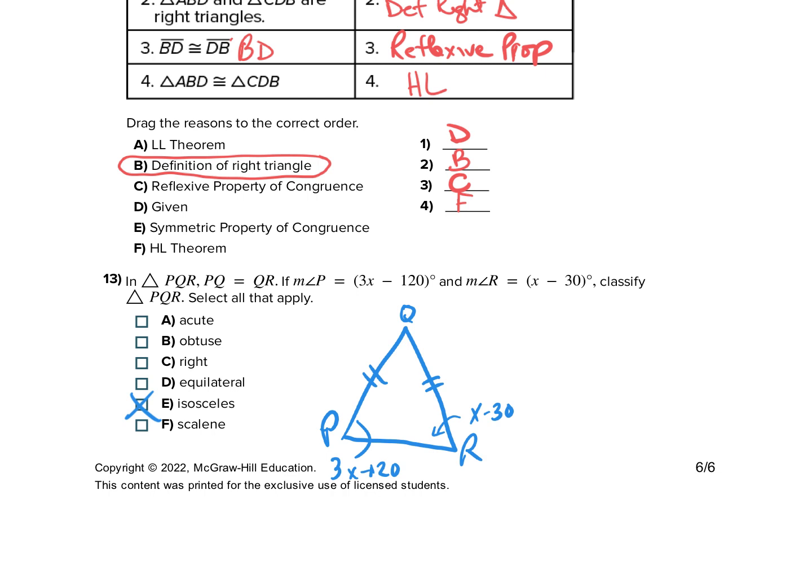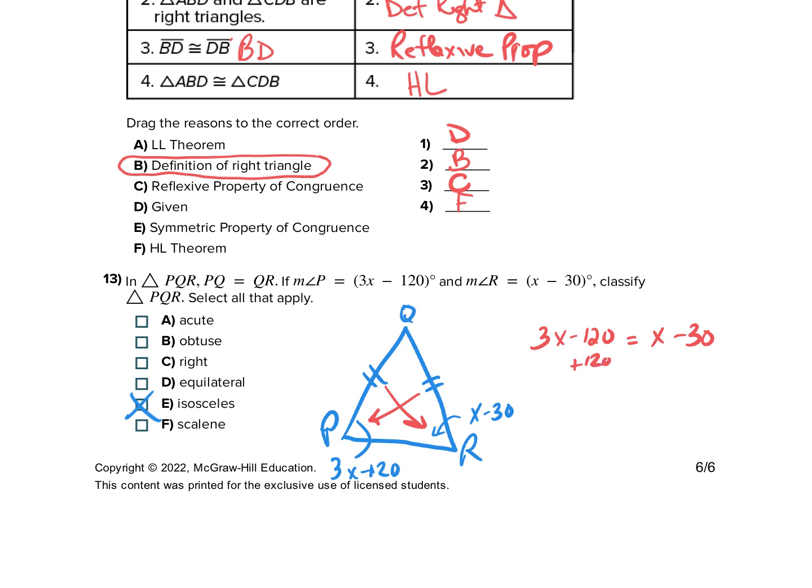To determine what other type of triangle it is, we need to solve for x to determine the angle measures. Now remember, in an isosceles triangle, the base angles across from the congruent legs are also congruent. So I can set up my equation so each of the algebraic expressions is equal to one another.